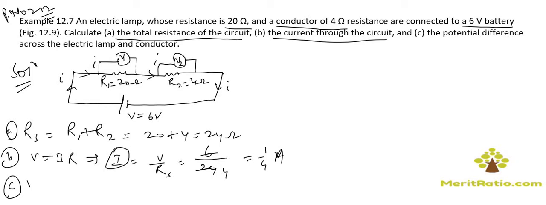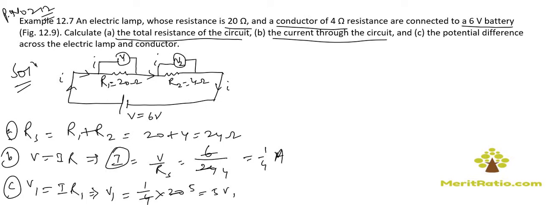So V1 is equal to IR1. This will become V1 is equal to I. The value of I is how much? 1 by 4 into R1. R1 is how much? 20. This is 5 volt.